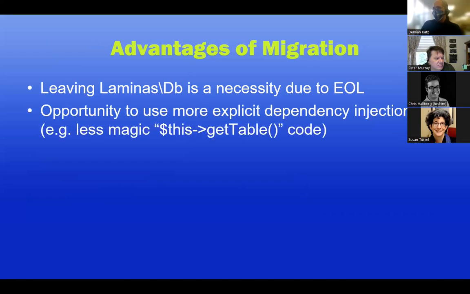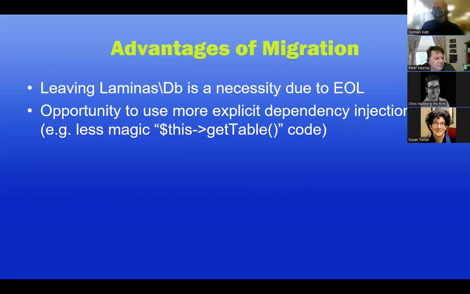I think that switching to the idea of database services instead of table gateways requires us to rewrite a lot of code, which lets us move away from some very old early VuFind code that we still have in place that's a little bit more magical than I would like.